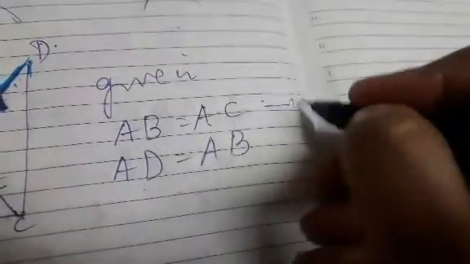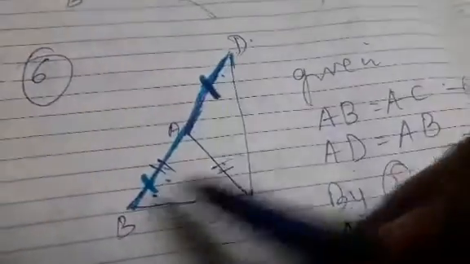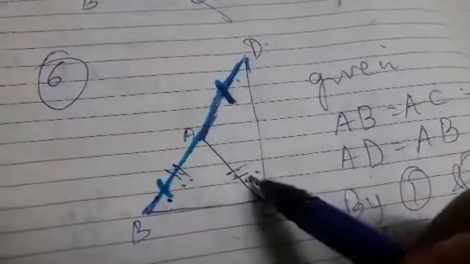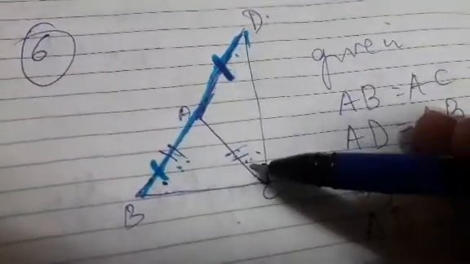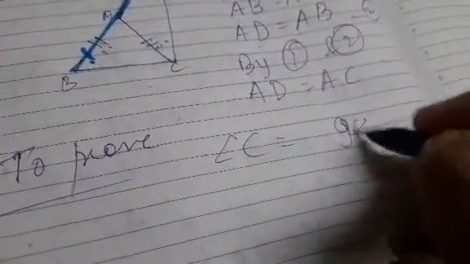So by 1 and 2, I hope you are understanding that AD will be equal to AC, because these two sides are equal, this is equal to AD, therefore AD will be equal to AC. Right? Now, what do we have to prove? That angle C is a right angle. Right angle means a 90-degree angle.